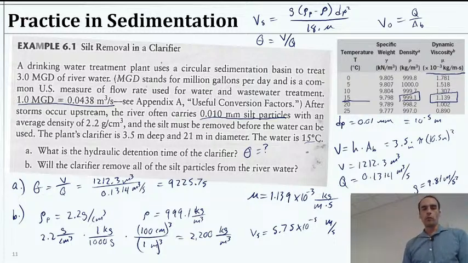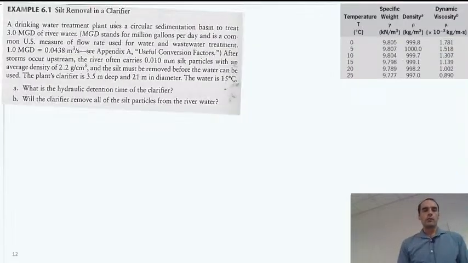All right, so that doesn't quite answer the question just yet, but we're very close. So I think I've got more space to find that last answer. Of course, we did answer A, so we'll continue here and say, all right, is that going to remove them all? So here's the question. The question really is whether or not Vs is greater than or equal to V naught.